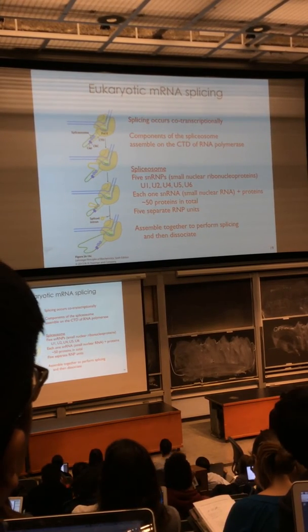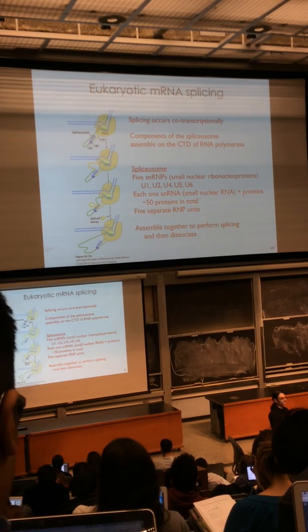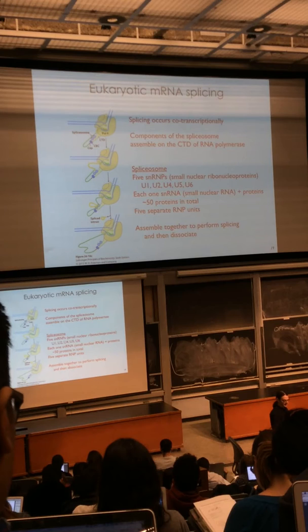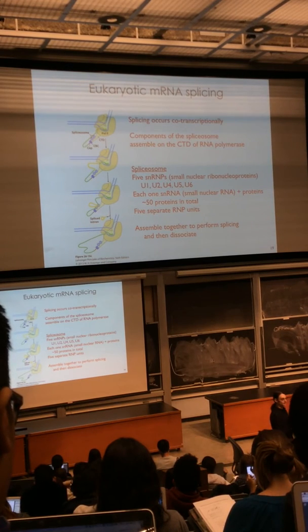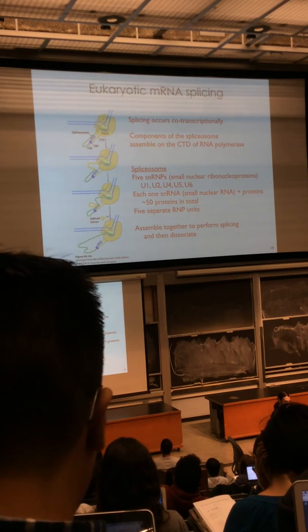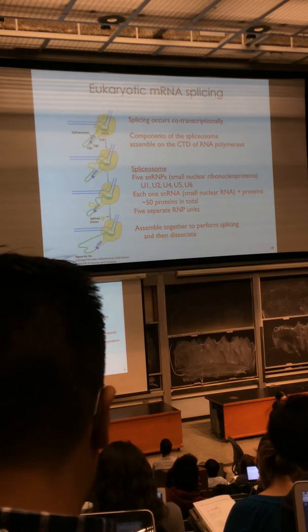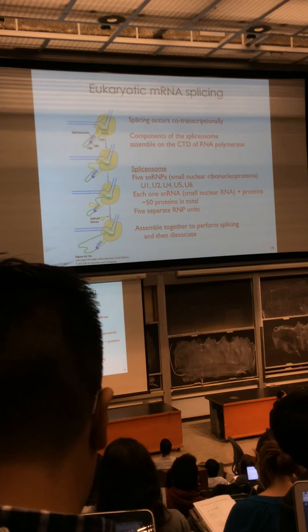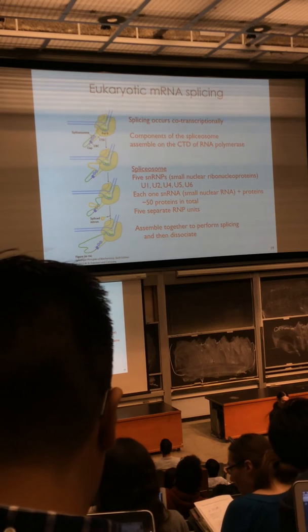There is no U3. And each one of these complexes is nucleated around an snRNA, a small nuclear RNA, that's bound by a collection of proteins. About 50 proteins in total come together to make up these 5 different snRNP units. And these assemble in a specific order in order to catalyze splicing.